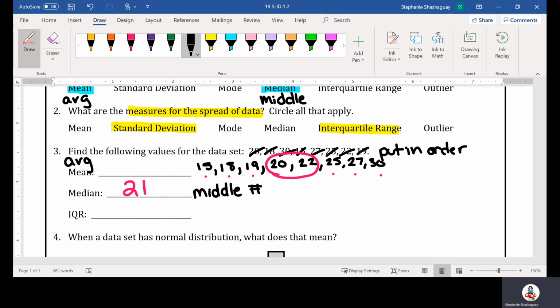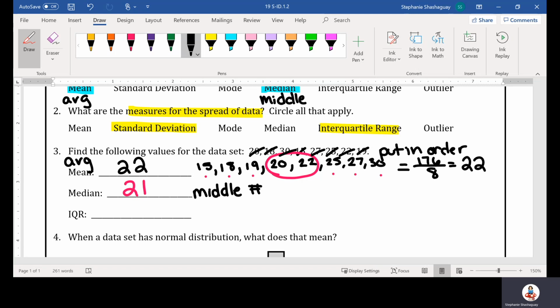So you would do 15 plus 18 plus 19 plus 20 plus 22 plus 25 plus 27 plus 30, which is going to equal 176. And then we're going to divide by the number of numbers that we have, which is 8, and that's equal to 22. So that is our mean, our average.